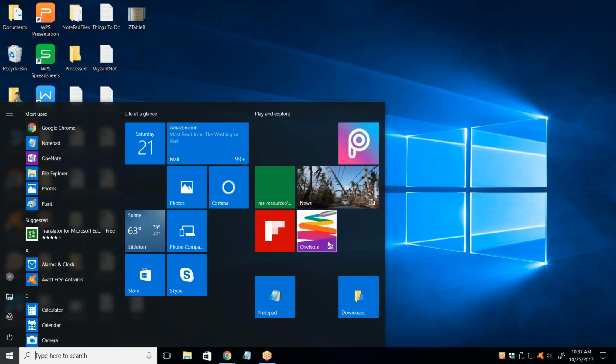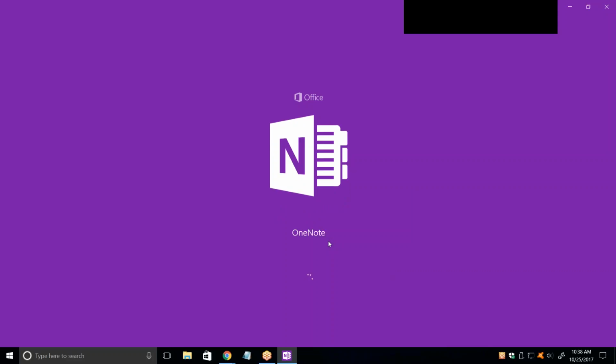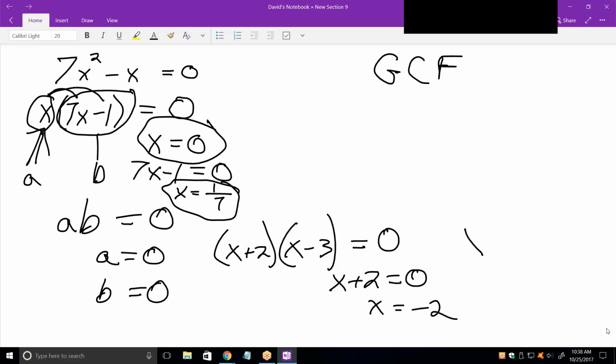My writing board disappeared on me right in the middle of drawing. That's a little weird. But I think I get the concept. It just happened in this case that one of the solutions was x equals 0.